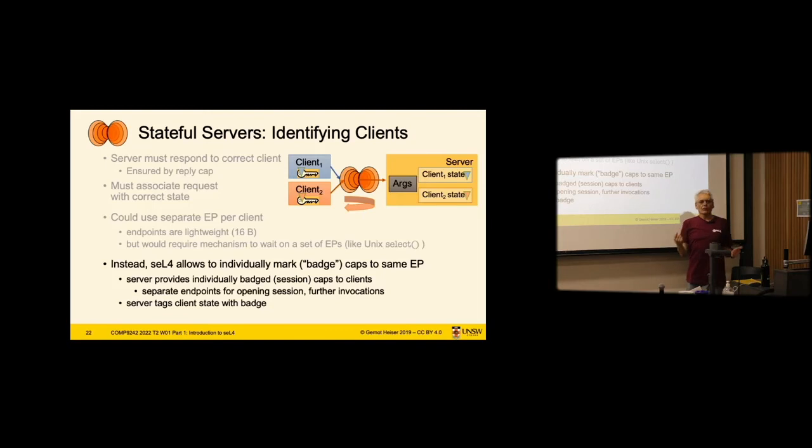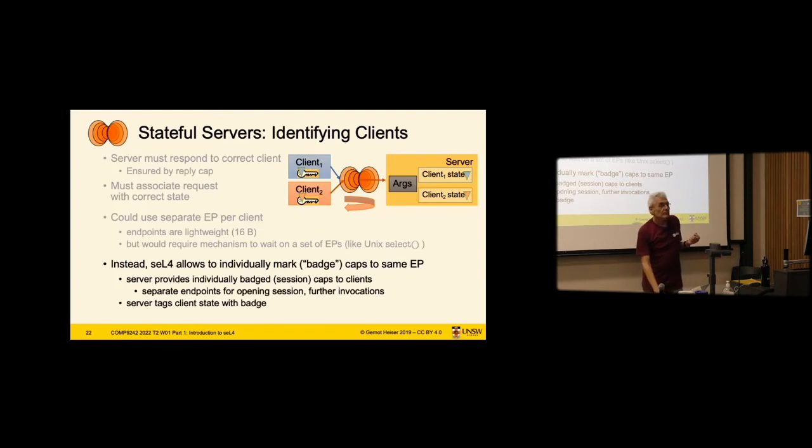In seL4 speak, it unwraps the capability, because you can think of the cap as having the badge wrapped up, because the client can't actually see the badge. It's completely opaque. But when it gets invoked through an endpoint, the kernel extracts the badge and hands it to the server.